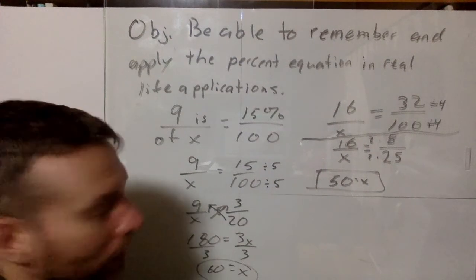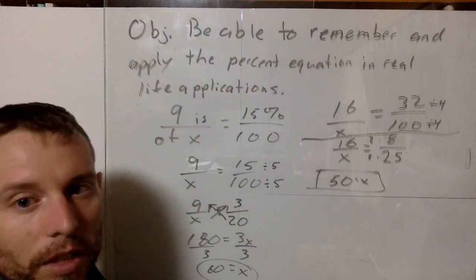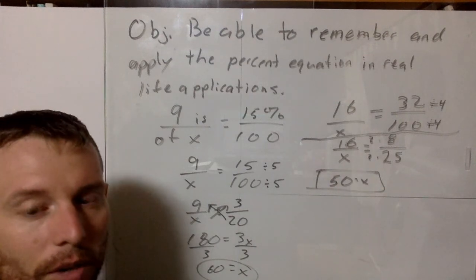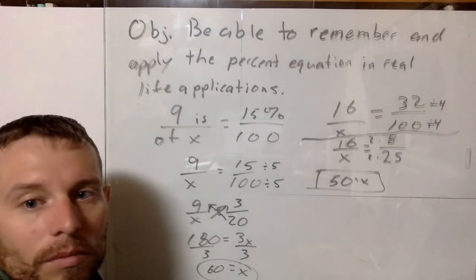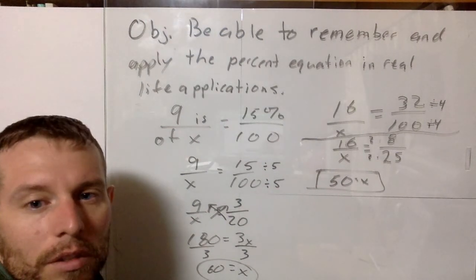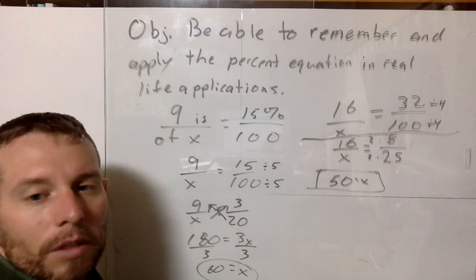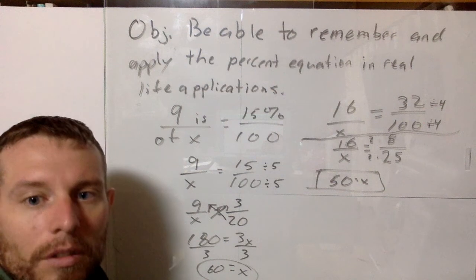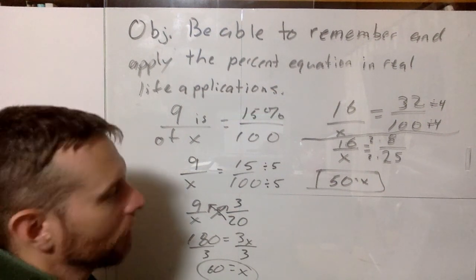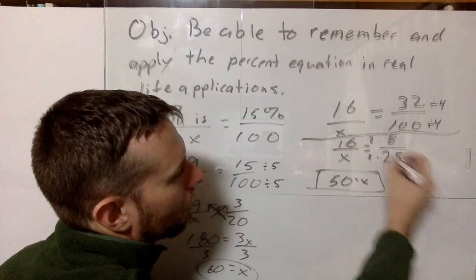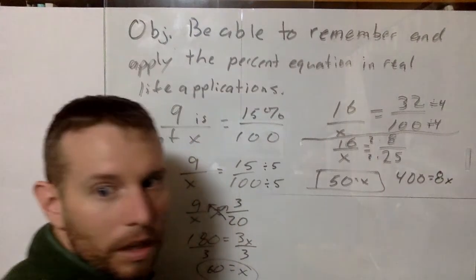If you didn't see that, then you could do 25 times 16 using the cross products. 25 times 16 is 400, equals 8x.